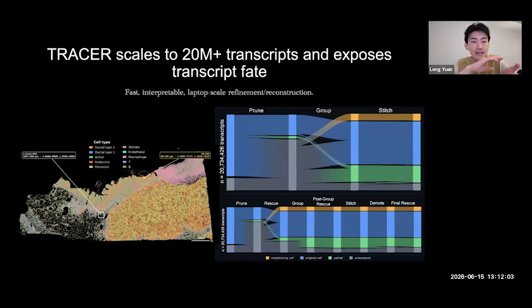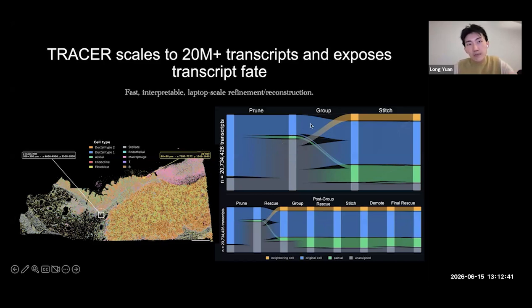So this is a PDAC, a pancreatic cancer Xenium immuno-oncology IO panel with over 20 million transcripts. The full Tracer task runs on the order of minutes on a laptop without HPC or GPU. This matters because spatial analysts often spend more time fine-tuning the hyperparameters than running the algorithm itself. And the alluvial plot on the right here is useful because it makes Tracer auditable.